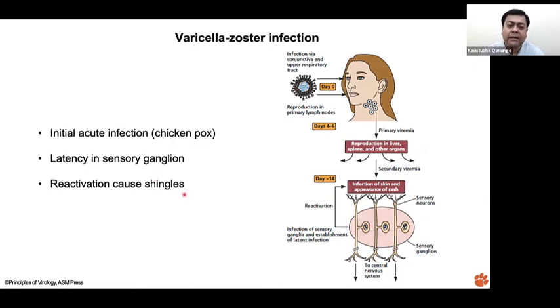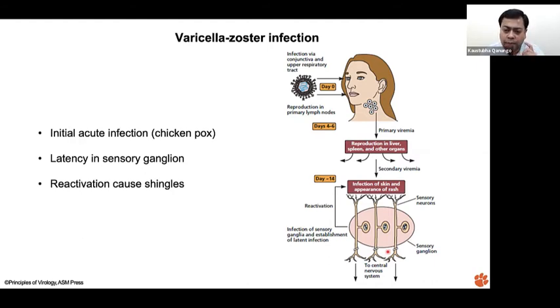They can be reactivated to cause shingles, and it has been shown that in some cases, stress does reactivate shingles. And as you can imagine, shingles is usually way more painful, and a rash happens in shingles, but it doesn't happen over the entire body. It only happens in a specific band of your body.